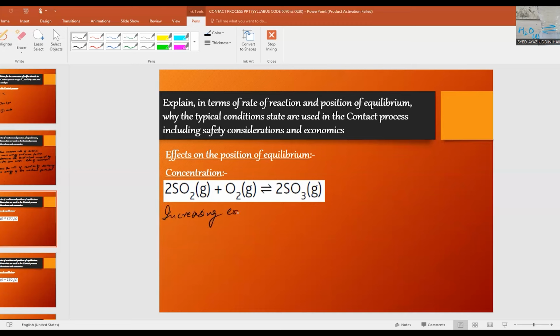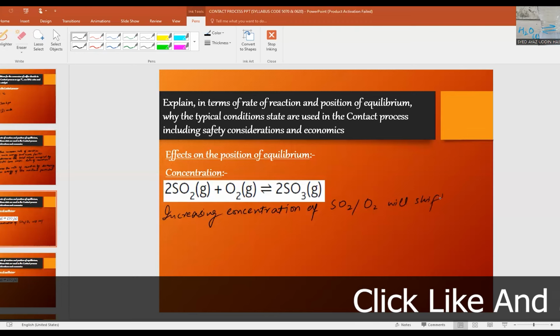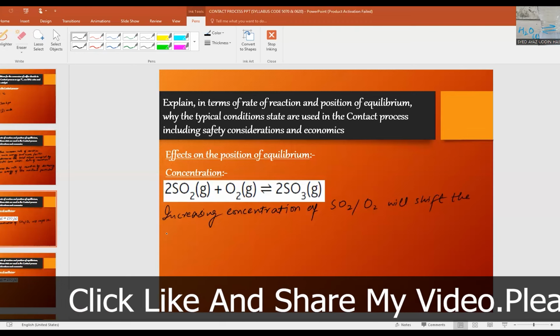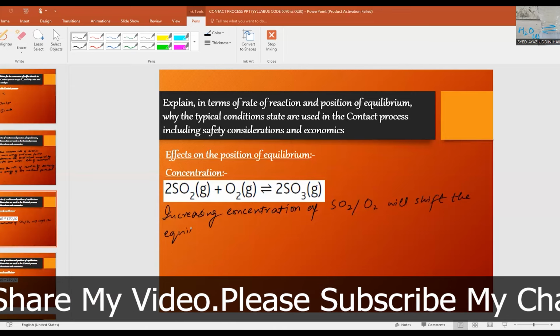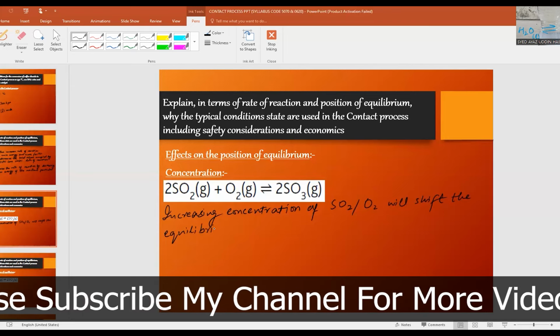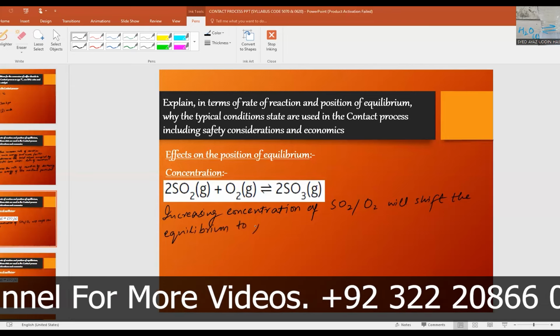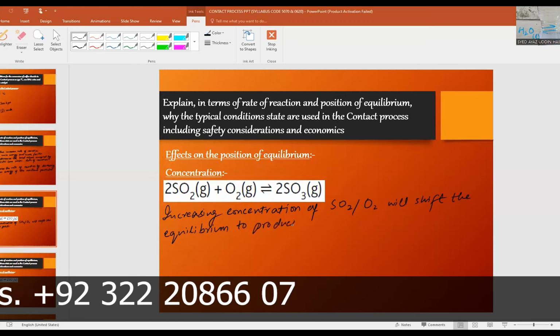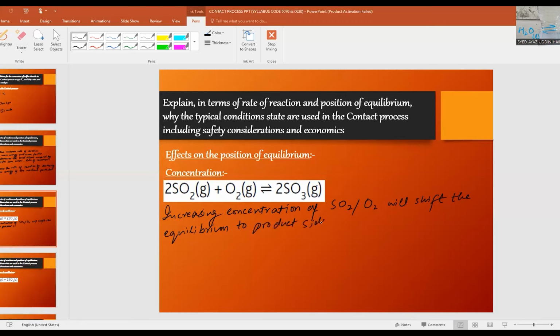Increasing concentration of SO2 or O2 will shift the equilibrium to product side.